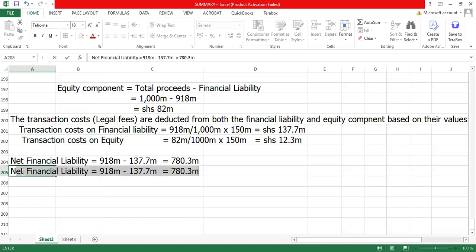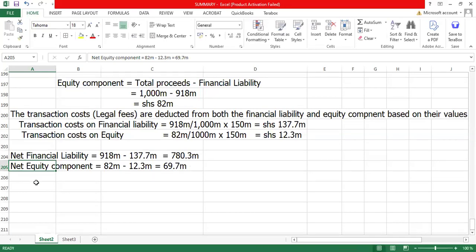Then the net equity component will be 82 million, then minus 12.3 million. Then what do you get? That is 69.7 million.